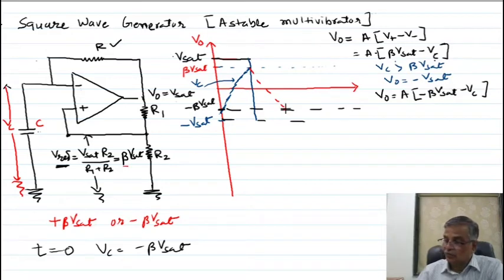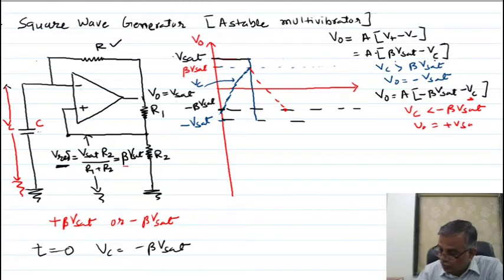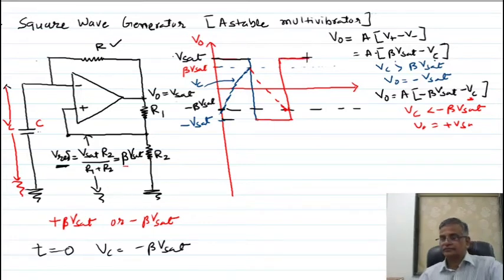When Vc is less than minus beta V set, the output becomes positive. Immediately my output becomes positive. As the output becomes positive, my reference voltage becomes positive, and the capacitor starts charging again.